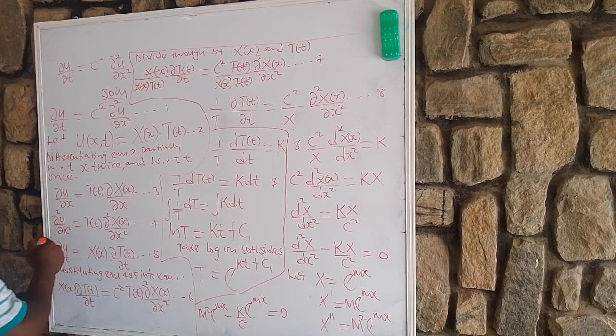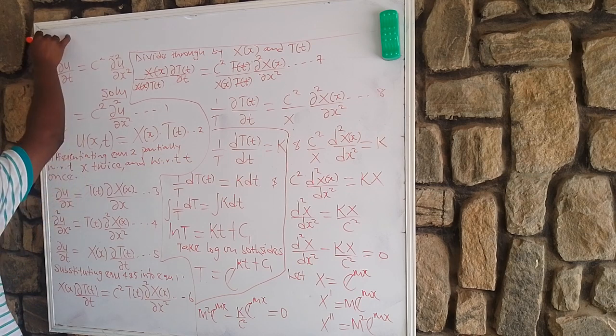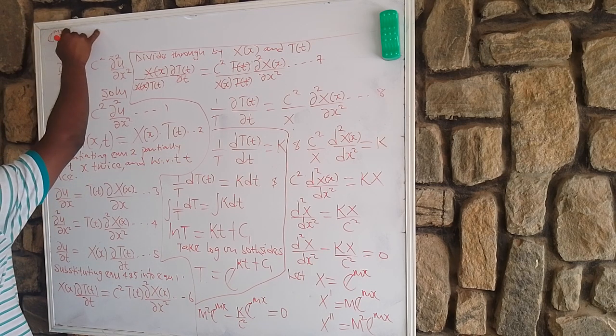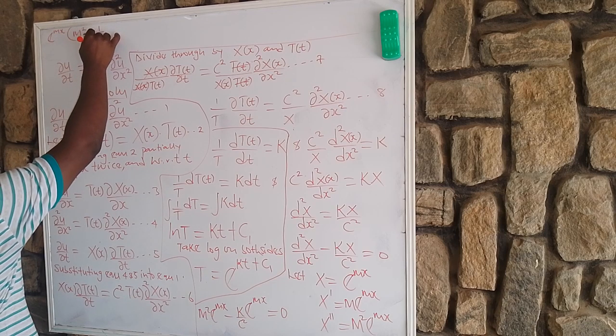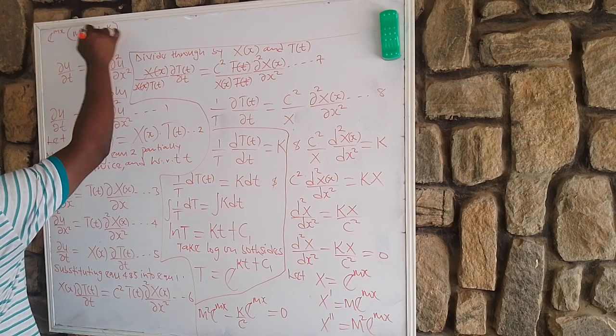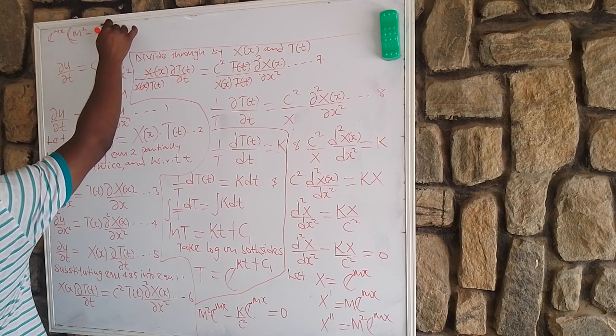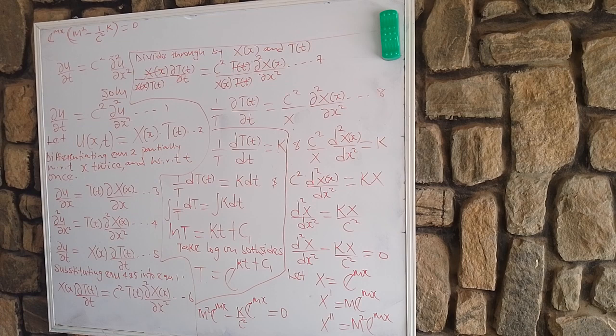You factor it out. Exponential mx is common. Exponential mx, factor it out. We are going to have m square minus k all over c square, true or false? Then equals 0. True or false?